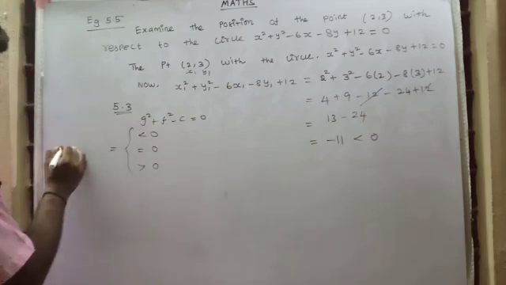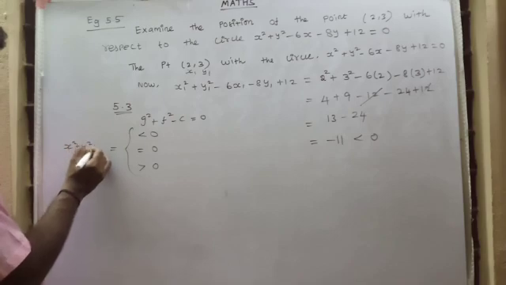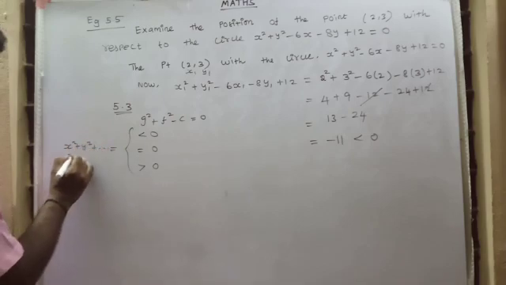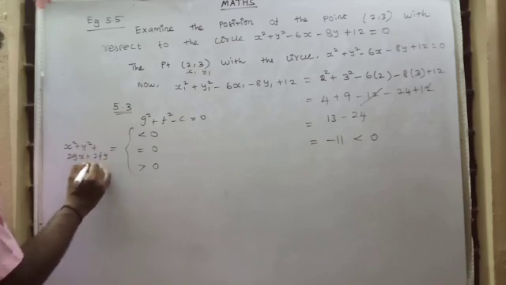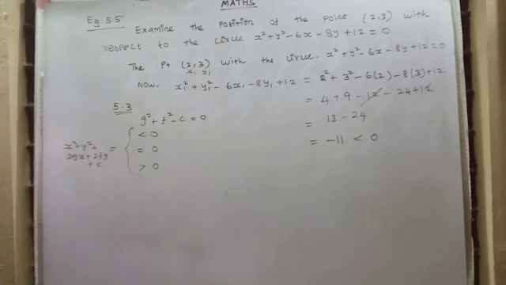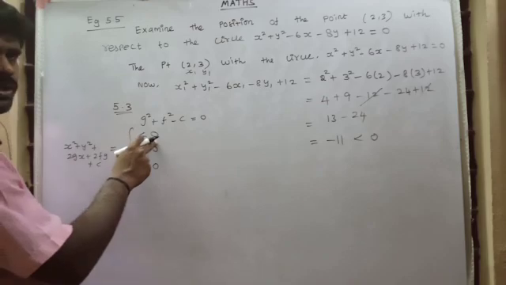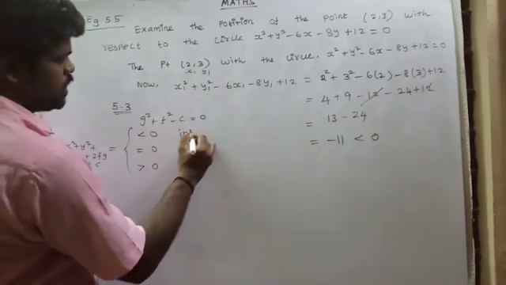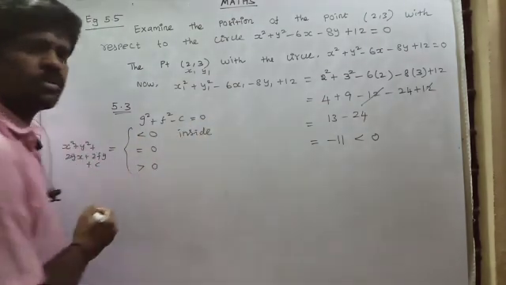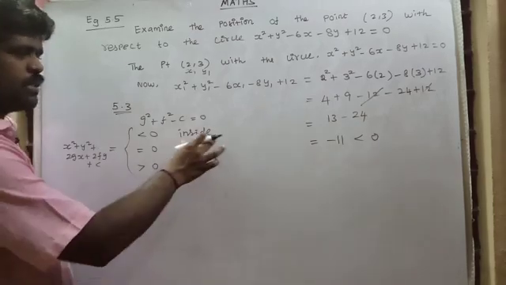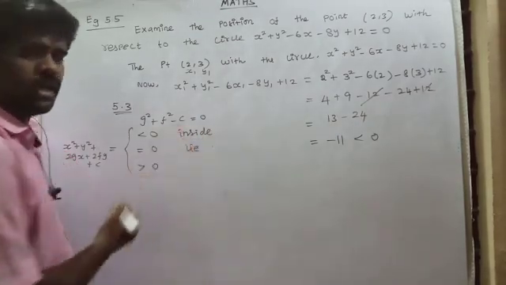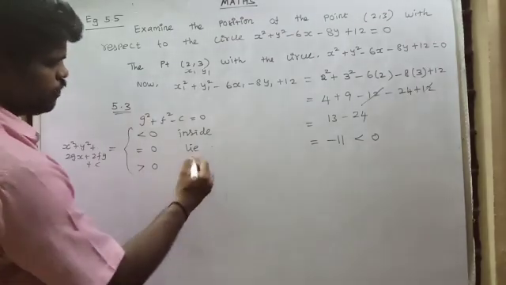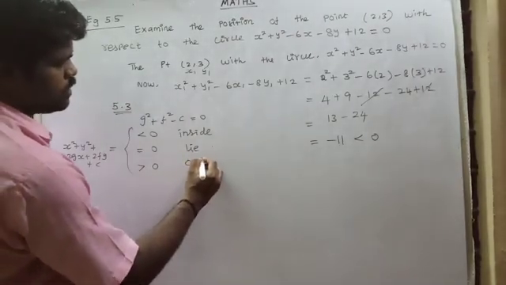This is the equation of the circle x squared plus y squared plus 2gx plus 2fy plus c. If the value is less than 0, the point lies inside the circle; equal to 0, it lies on the circle; and greater than 0, outside of the circle.